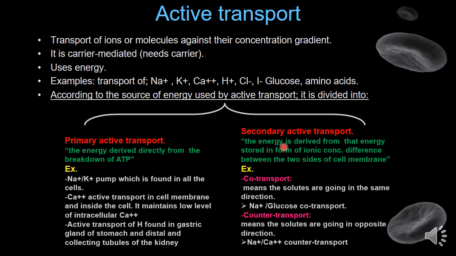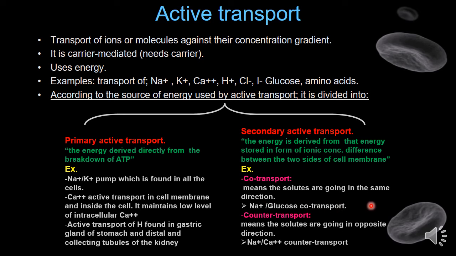And for the best example of these, we have two types, by the way. Secondary active transportation usually consists of transportation of two molecules. So it is divided into two types. One is called co-transportation, meaning that the solutes are going in the same direction, both sodium and glucose moving from outside to inside.